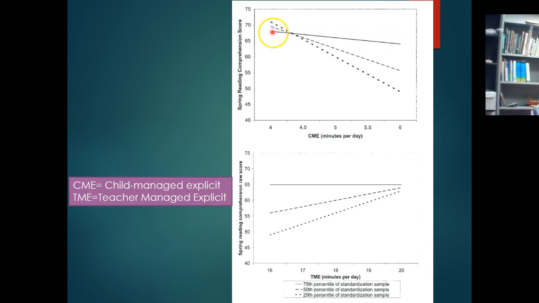So if on average each day they spent 4 minutes, or on average each day they spent 6 minutes looking at reading comprehension on their own, it didn't matter that much. And teacher intervention really also didn't matter that much. If the students got only 16 minutes of the day for those top students versus 20 minutes a day of teacher direct instruction, that really didn't make much difference.